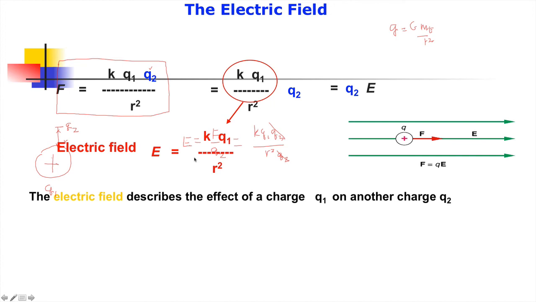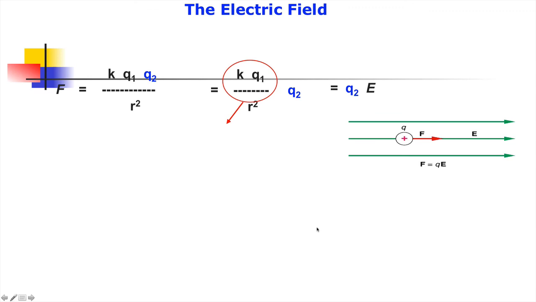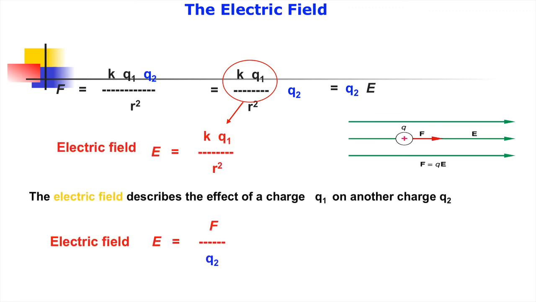The electric field describes the effect of a charge Q1 on another charge Q2. So you can find E as F over Q2. If you simplify that, of course its unit is going to be Newton per Coulomb.